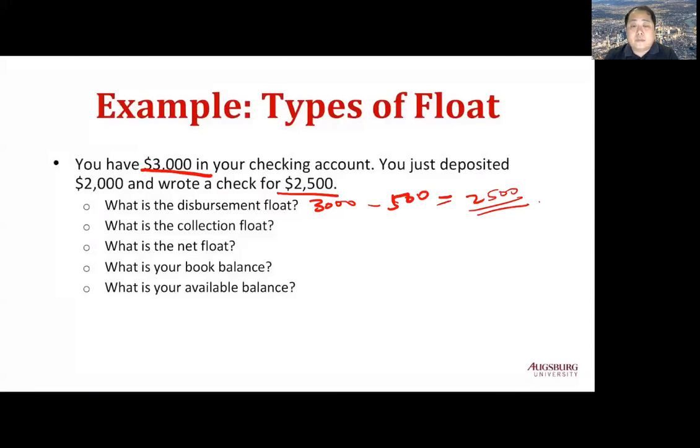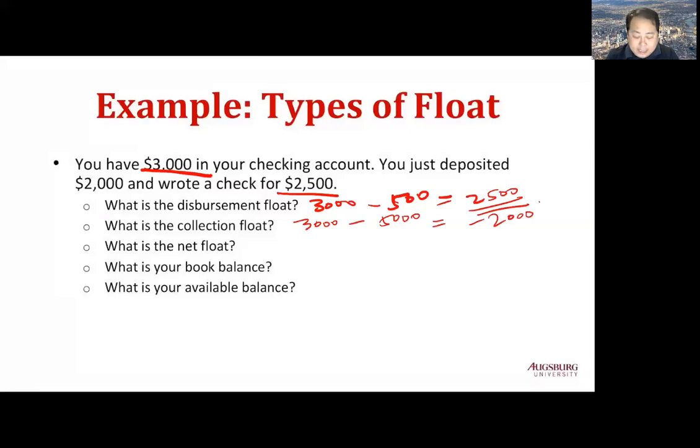What is collection float? Collection float occurs when we receive a check. Our book balance increased by 2,000, but the checking balance is 3,000. So the collection float is 3,000 minus 5,000, equals negative $2,000.